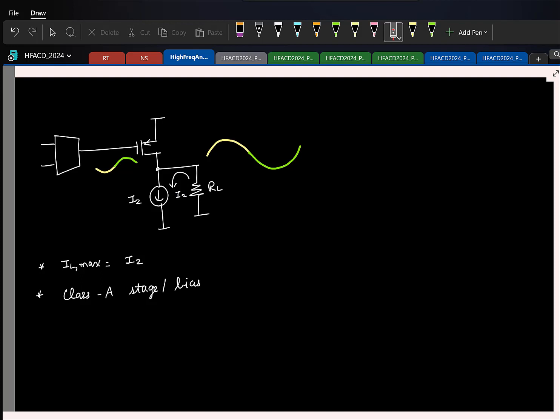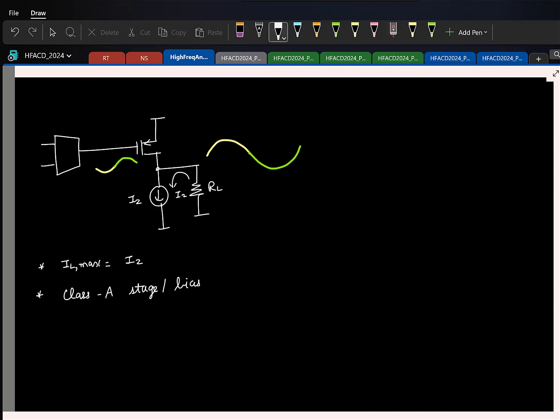That's not ideally something you want, because you want to make sure that you are able to drive as much current as possible to the load, right? And also, as you can see here, this is not that great with respect to power efficiency, because you're always drawing a current I2 with respect to the bias point, irrespective of the current required by the load, right?